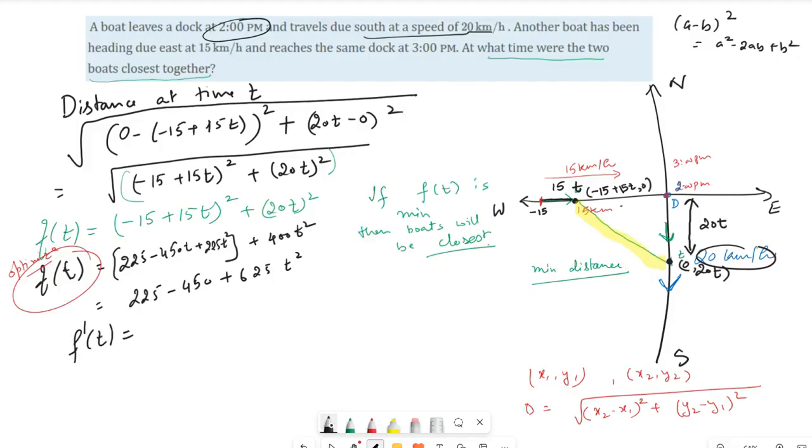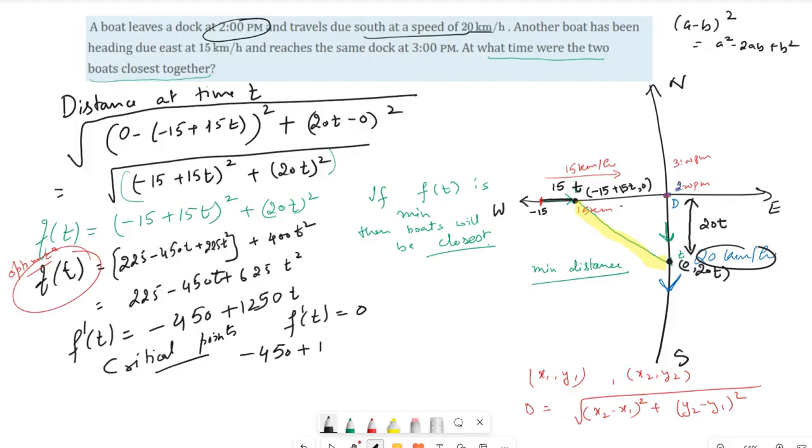Once we have our function, we can find the derivative. The derivative of this is negative 450 plus 2 times 625t, so that's 1250t. Next, I want to find critical points. Critical points are where f prime of t equals 0, meaning negative 450 plus 1250t equals 0. We do not need to check where f prime of t does not exist because f prime is a polynomial.